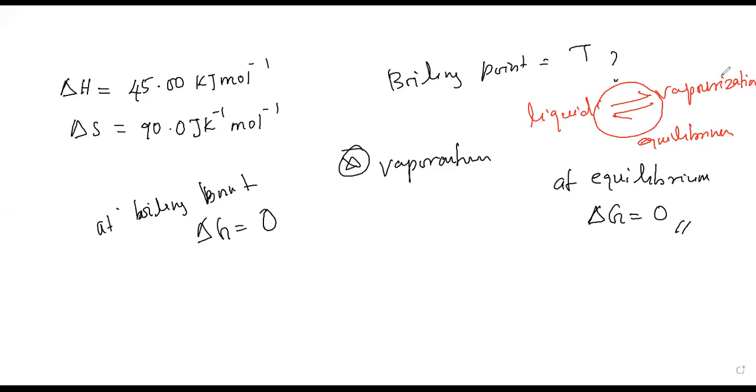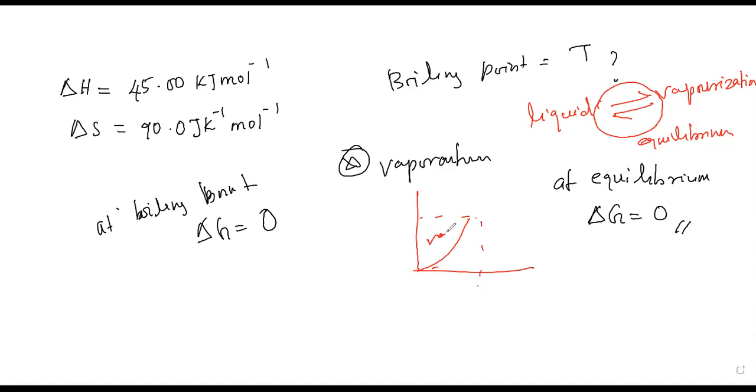Phase transformation, one phase to another phase, it will make an equilibrium. This is what you are studying in your phase diagram. This is what you have studied in your phase diagram.